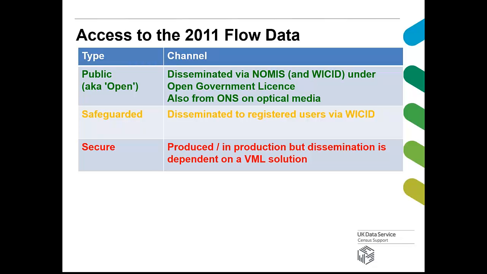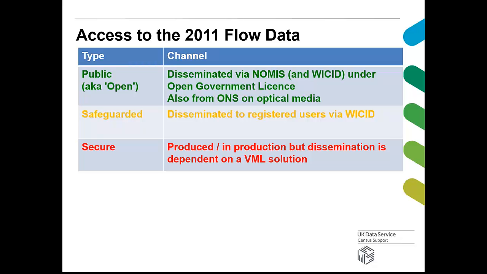Public data, or open data, are disseminated via NOMIS and via WICID under the Open Government License, so anybody can use the data. They're also available from ONS on optical media. Safeguarded data are disseminated to registered users via WICID.